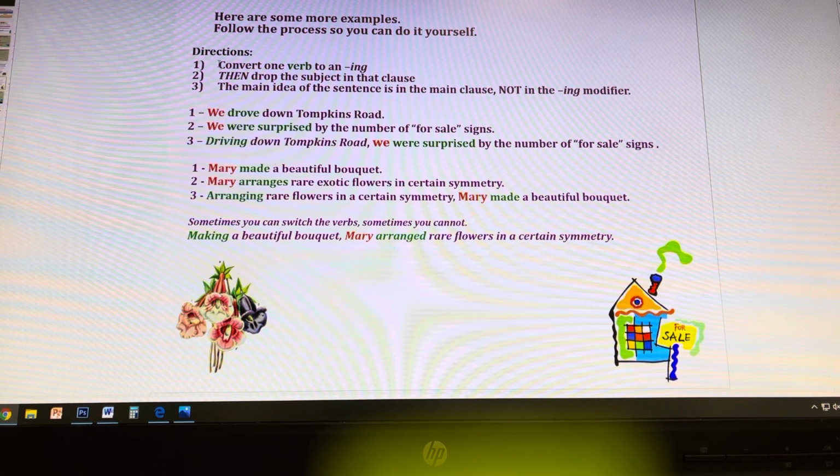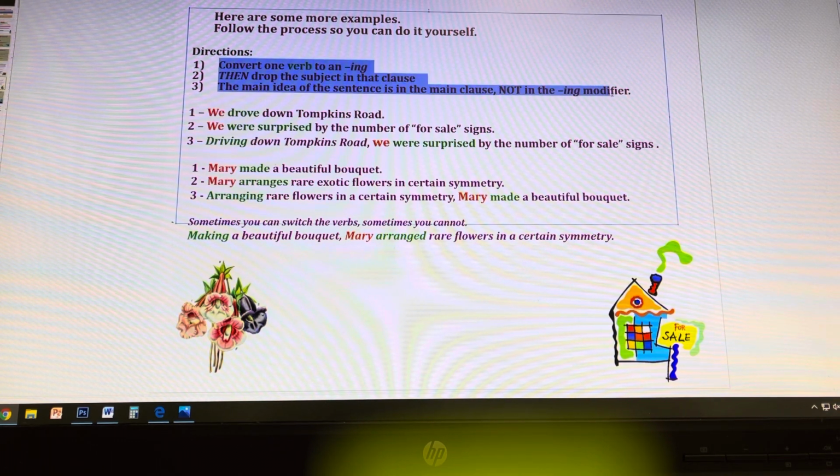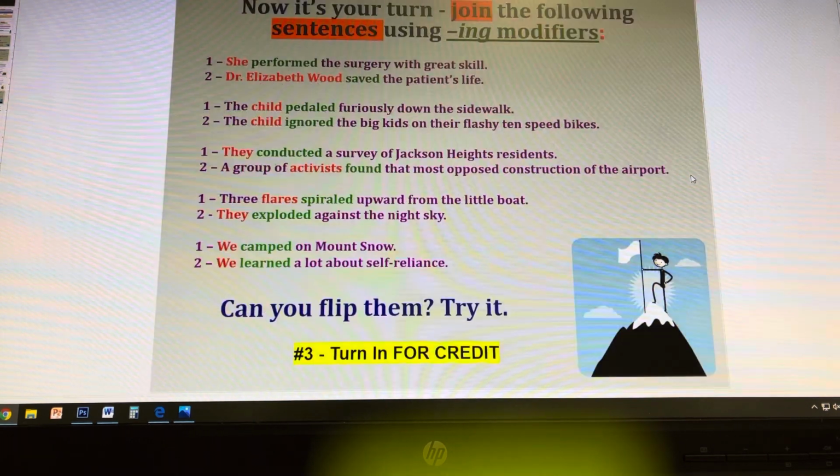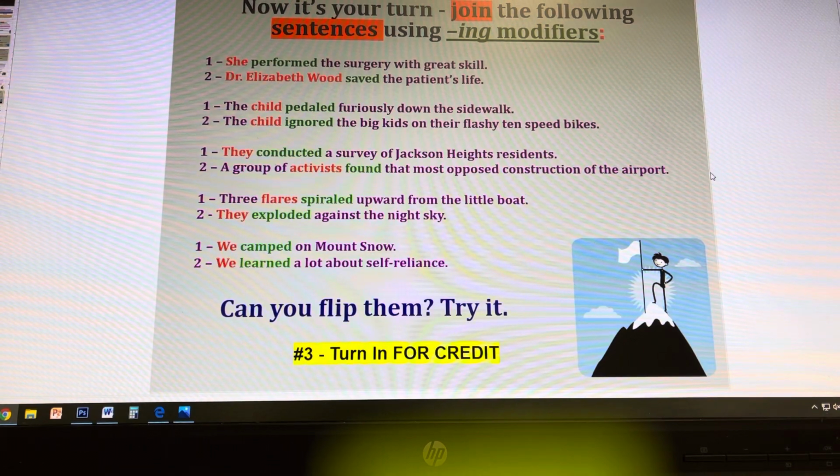So the process: convert one of your verbs into an ing. Drop the subject that's in front of that verb. Put a comma behind it and put it at the beginning of your now complex sentence. So now I want you to do these, and I want you to see if they flip.